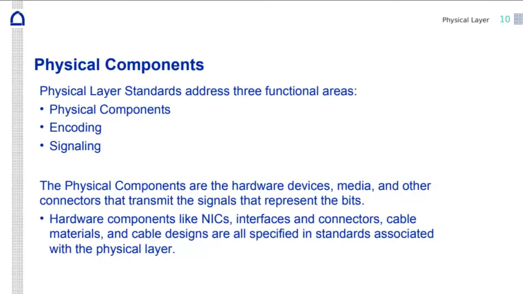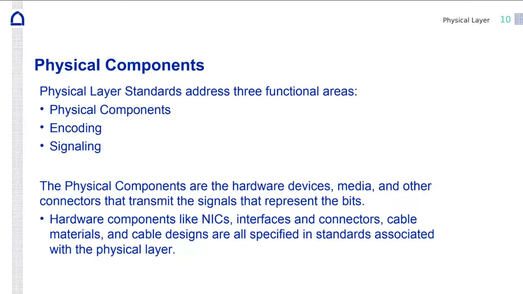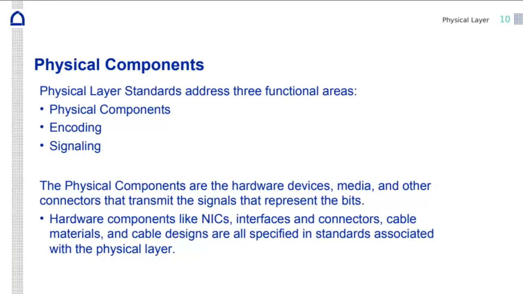Physical layer standards address 3 functional areas: the physical components, encoding, and signaling. The physical components are the hardware devices, media, and other connectors that transmit the signals that represent the bits.